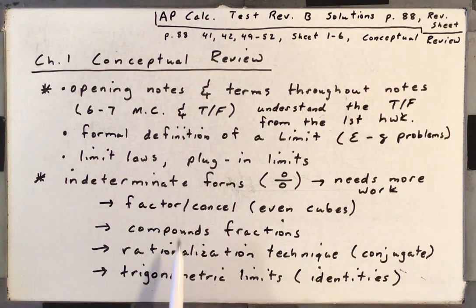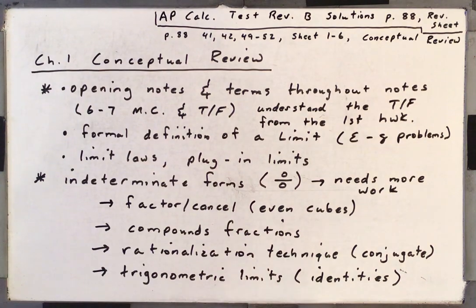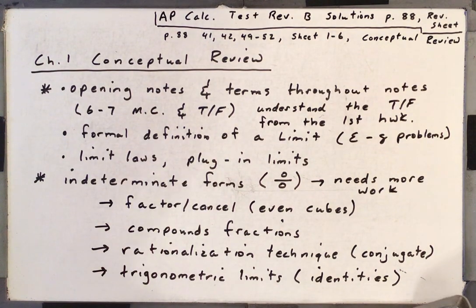This is the bulk of the test. I mean, these 4 things probably come close to half of the test in terms of points. So just make sure that you're well practiced on those. Okay, so pause the video if you need to, and we'll keep going.